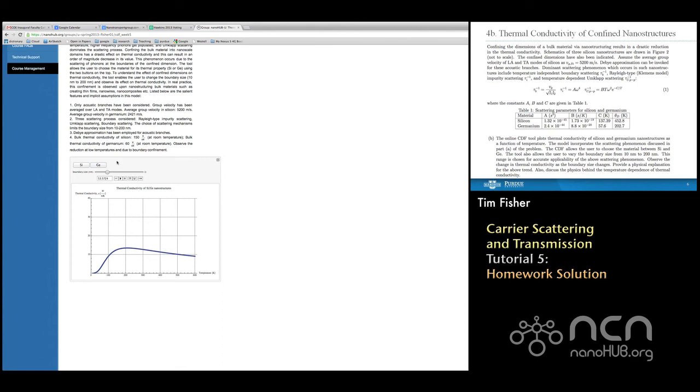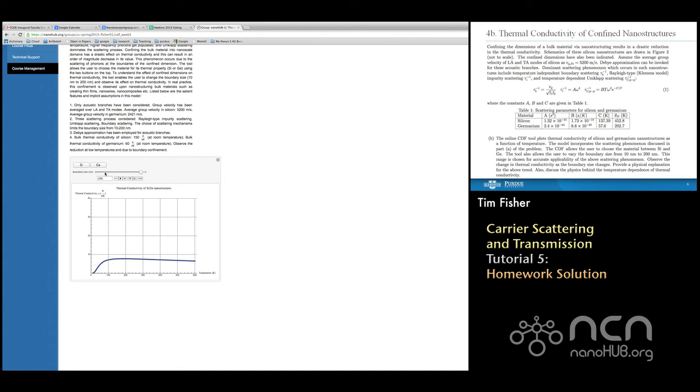Now, the extent of nanostructuring in the system is defined by the boundary size. This boundary size is the root L1 L2 factor that we saw for the boundary scattering rate in part A of the problem. So this tool lets you change that. We can go to a boundary size as low as 20 nanometers in this problem to something as high as 200 nanometers.